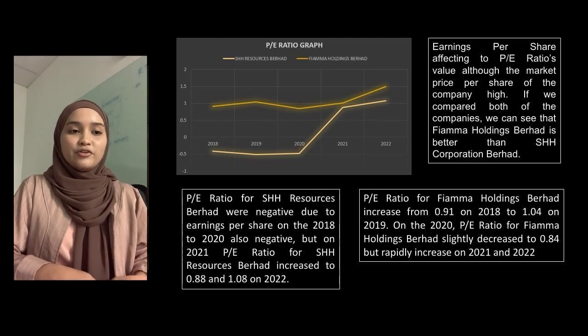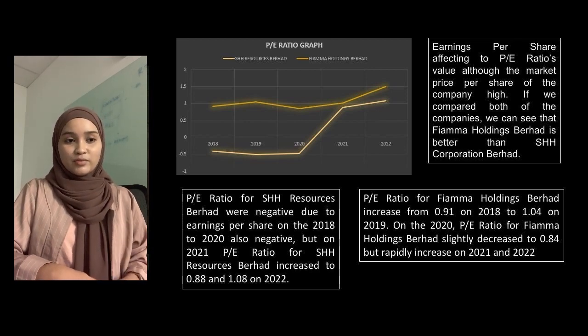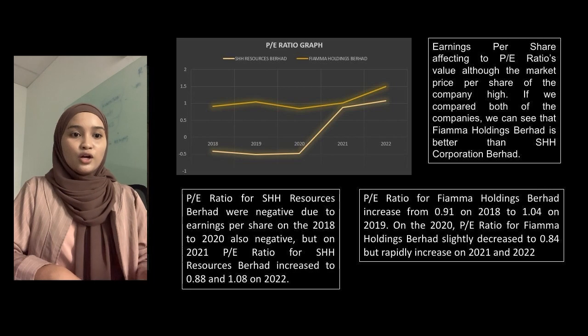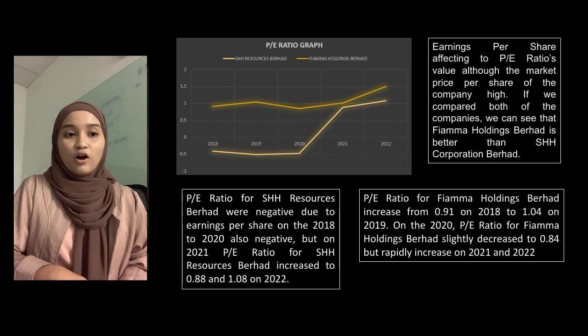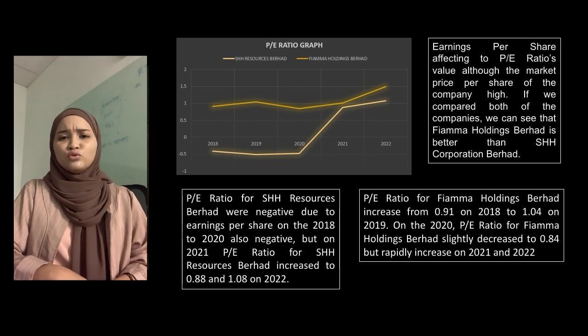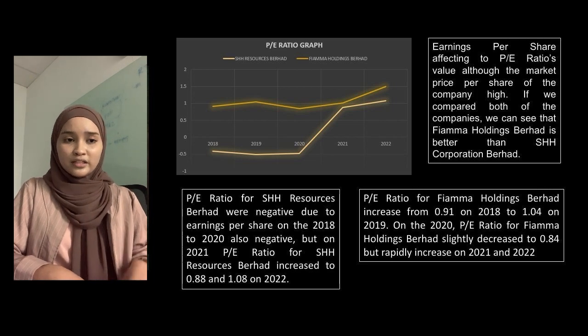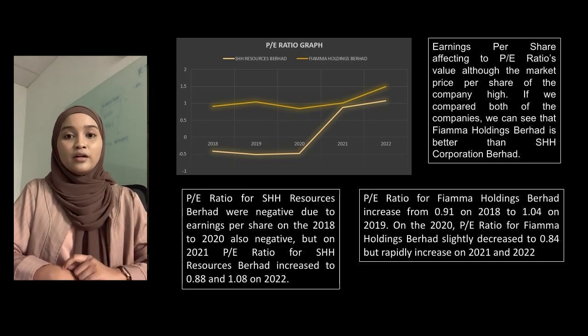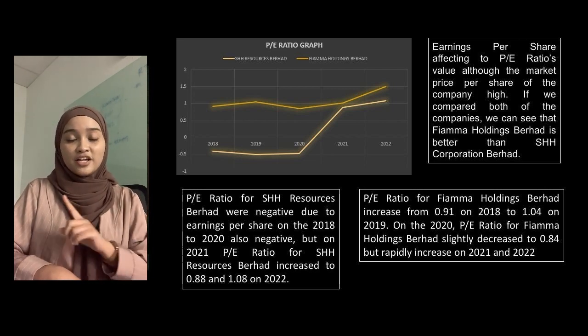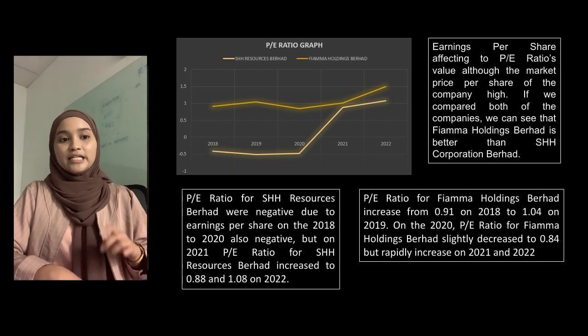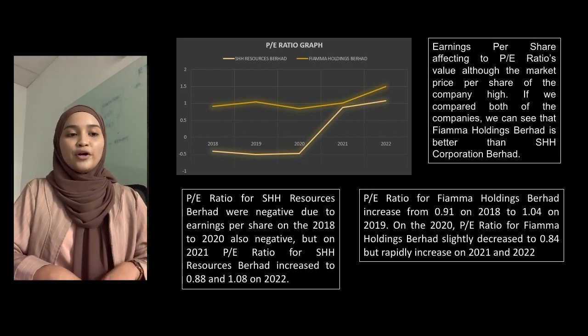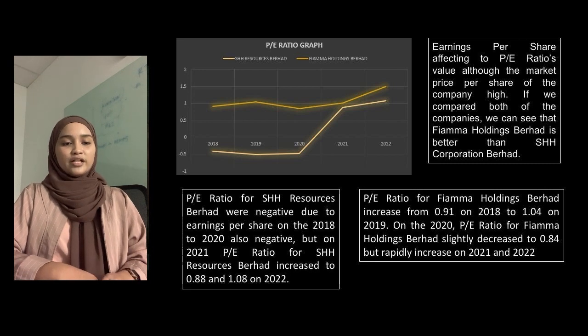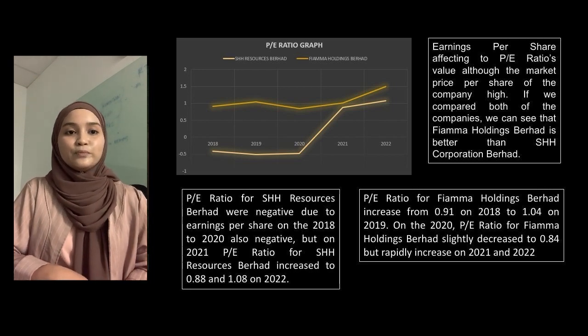Price earnings ratio for SHS Resources Berhad was negative because earnings per share from 2018 to 2020 were also negative, but in 2021 the price earnings ratio increased to 0.88 and 1.08 in 2022.